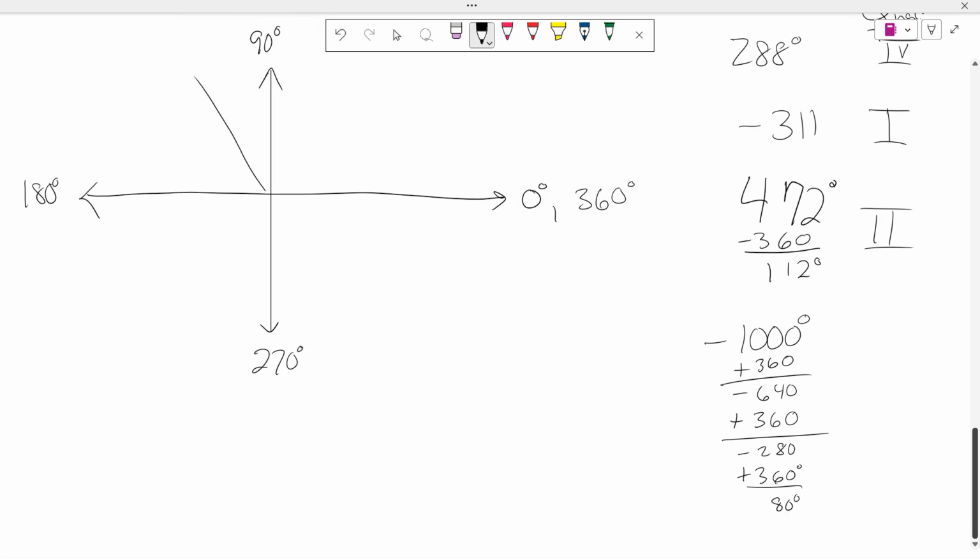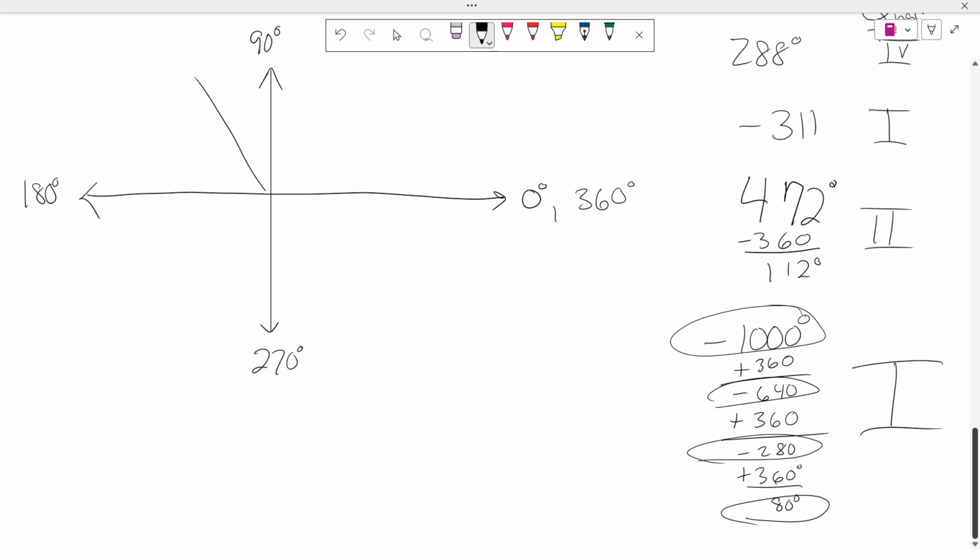What quadrant is negative 1,000? Quadrant 1. What did I use to figure that out? I used coterminal angles. Negative 1,000 is coterminal with negative 640, which is coterminal with negative 280, which is coterminal with 80. They're all coterminal angles. Coterminal angles are in the same place. They just have different names on them.